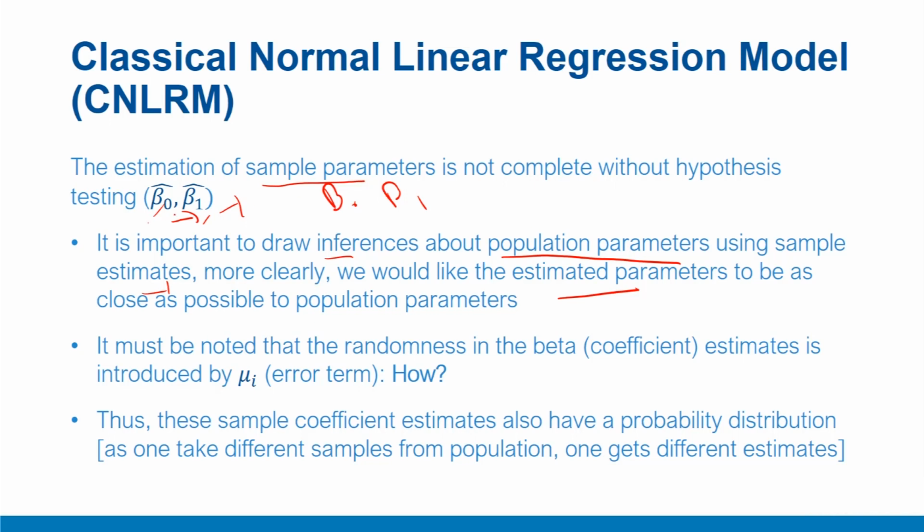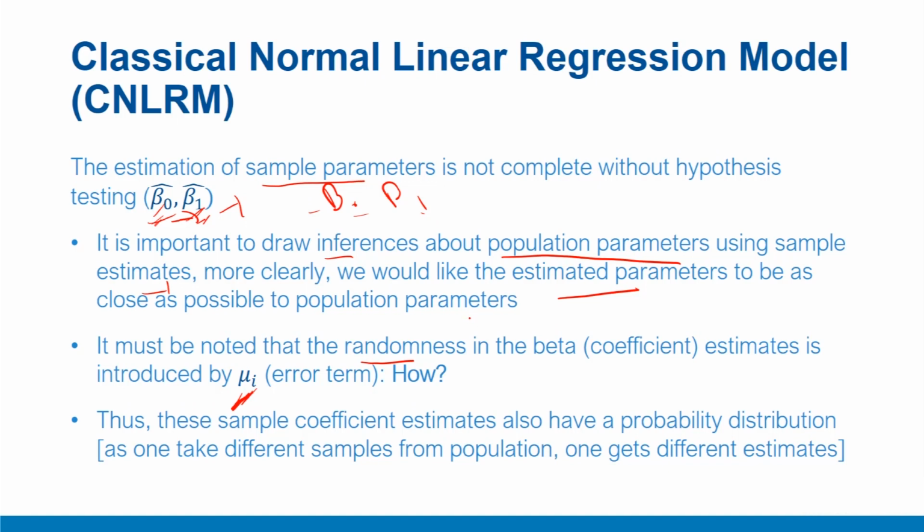Now, please remember why these beta naught hat and beta 1 hat are different from beta naught and beta 1. In repeated samples, these beta naught hat and beta 1 hat will be different because there is certain randomness introduced by the error term. So this error term introduces randomness in the model, and because of that the estimates are not the same as population parameters. Every time you change the sample, you will obtain different beta naught hat and beta 1 hat.